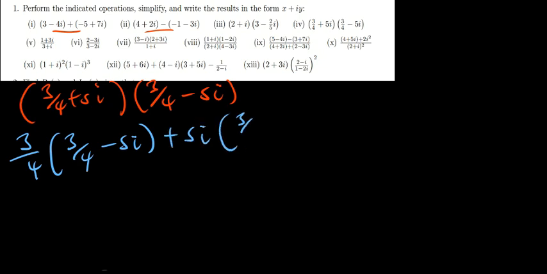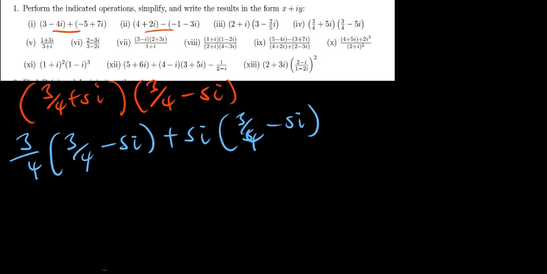So we do times. Now here what we're going to have is 3 over 4 open brackets 3 over 4 minus 5i, then plus 5i open brackets 3 over 4 minus 5i, like that.